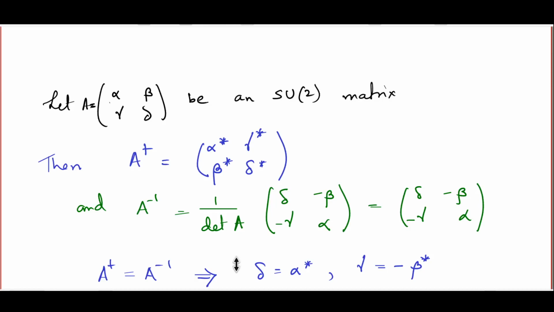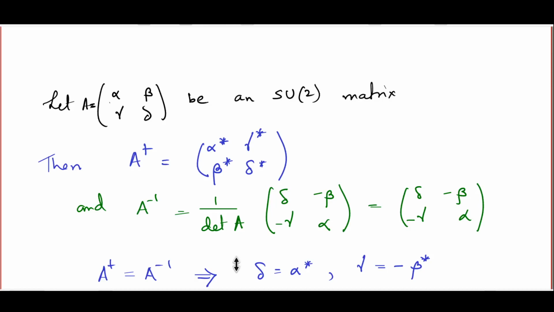What about A inverse? Now this is a very standard result in matrix theory and happens to be quite a useful trick to mug up: for any 2x2 matrix, the inverse can be found simply by switching the two diagonal elements and changing the sign of the off-diagonal elements and dividing the resulting matrix by the determinant of A. This in itself is nothing great, it's just a special case of the more general result that you all know about inversion of matrices.